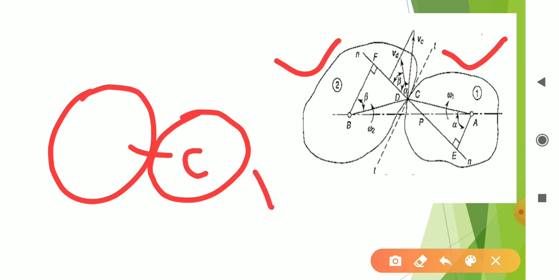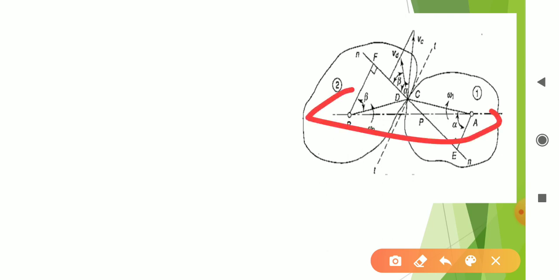Point C of this body 1 and point D of this body 2. Okay, this points C and D will be here. Next, this AB line will be here, this center line AB.